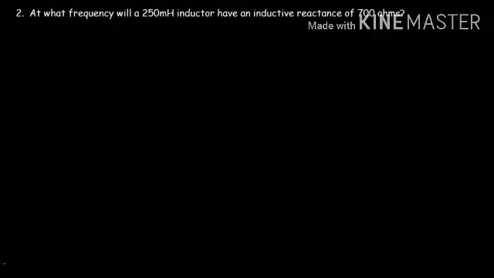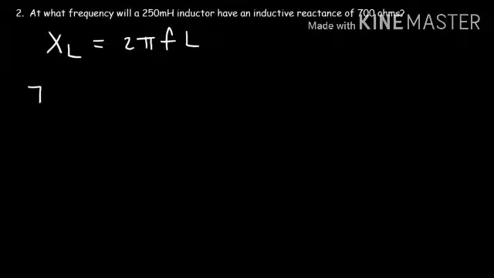Number 2, at what frequency will a 250 millihenry inductor have an inductive reactance of 700 ohms? So feel free to try this problem. The inductive reactance is equal to 2 pi times the frequency times the inductance.